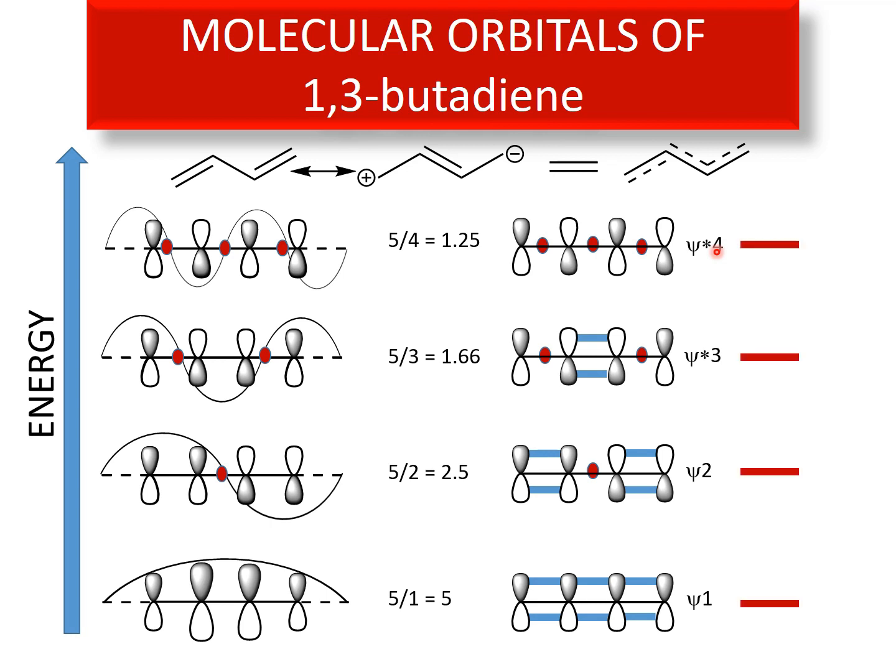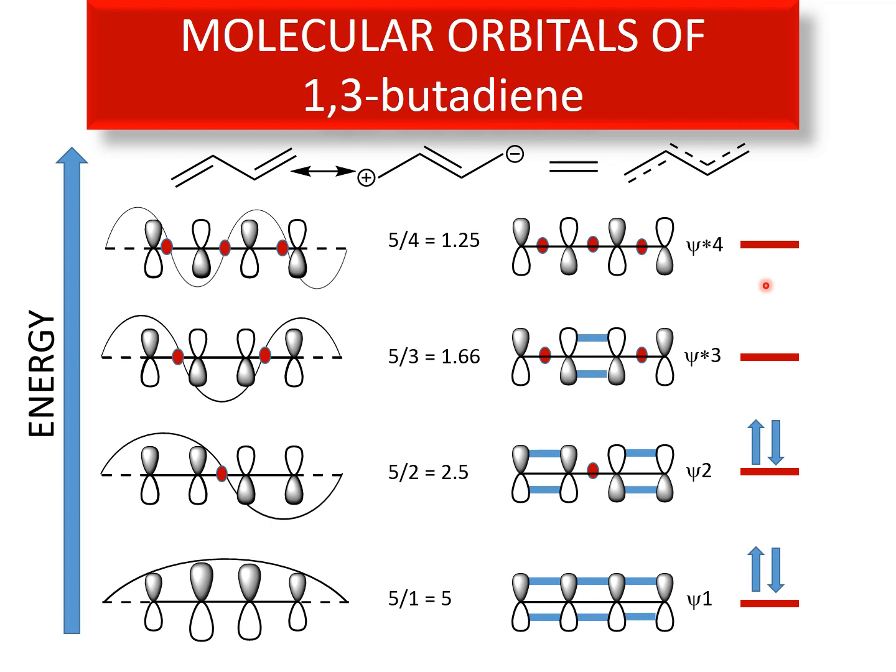And you can place the electrons which are involved in delocalization. So we have two double bonds, and each double bond has two electrons, or a total of 4 electrons are involved in delocalization here. So starting from the lowest energy orbital, you fill the first one with 2 electrons, and then you fill the second one with 2 electrons, and the third and the fourth are empty.